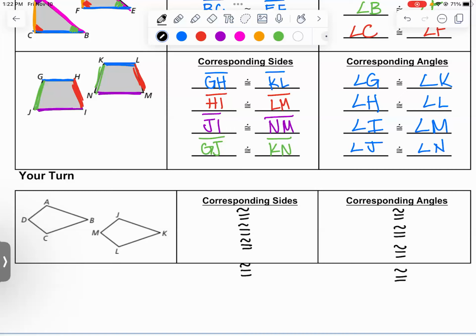Can you come here? So if you know how to do it, you'd be able to write it down.